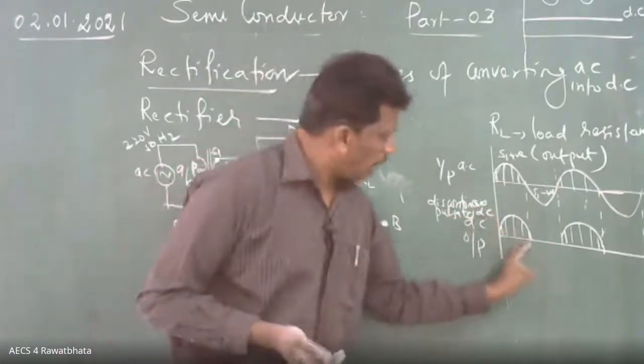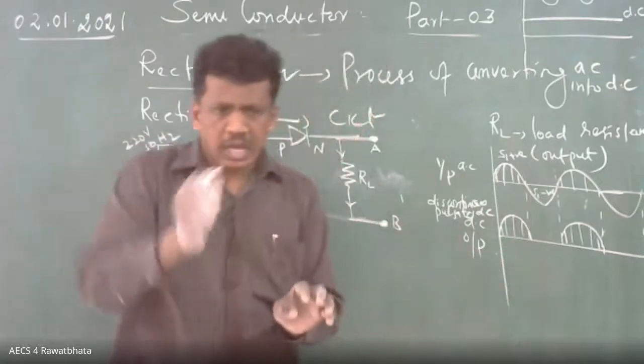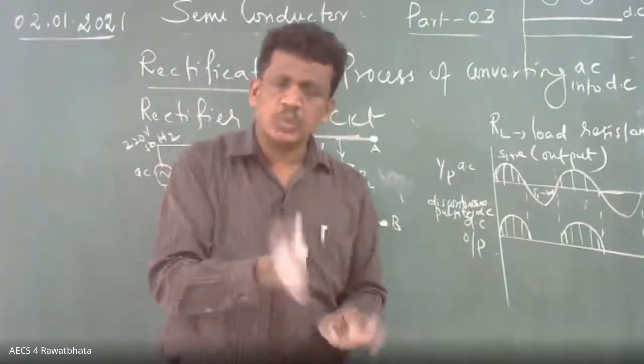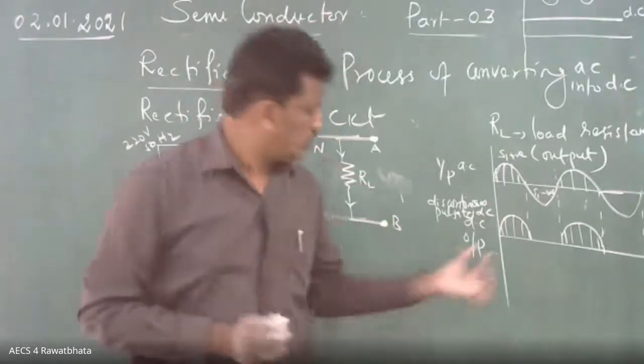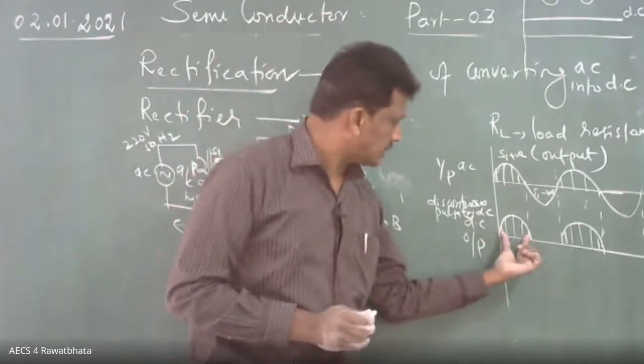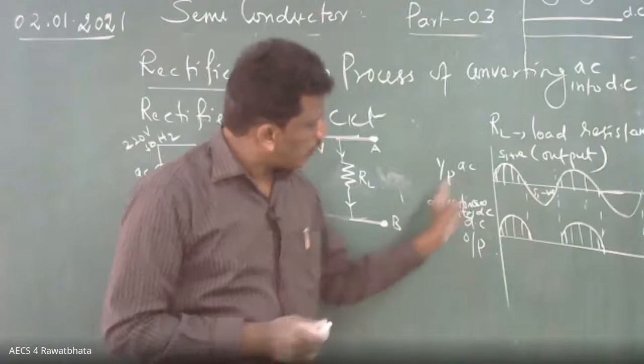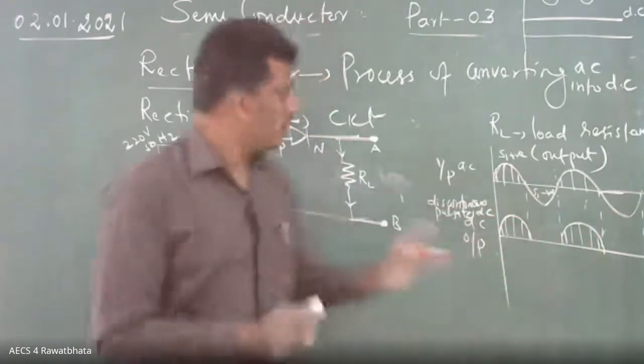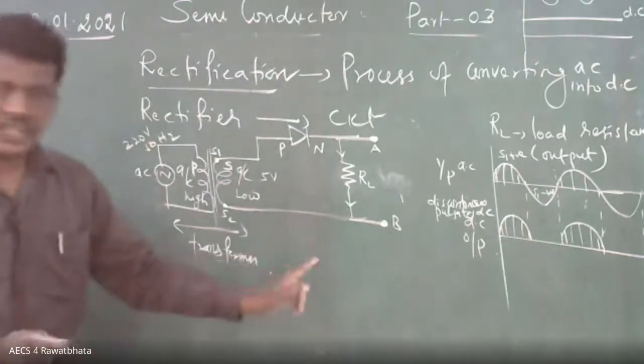This is called one pulse. The pulse may be curved, square, rectangle, sawtooth, anything. So if you take a single one, it is a pulse. So discontinuous pulsating DC output, because you are using only one diode.